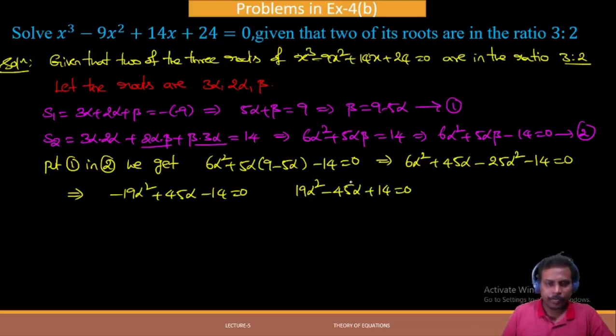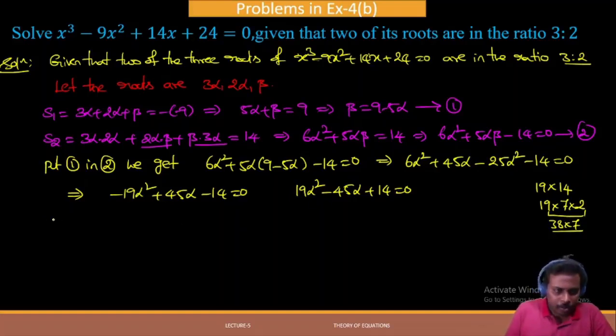So if I take 19 into 14, this can be written as 19 into 7 into 2. So that is 38 into 7. 38 plus 7 is 45. So 19 alpha square minus 38 alpha minus 7 alpha minus 14 is equal to 0.